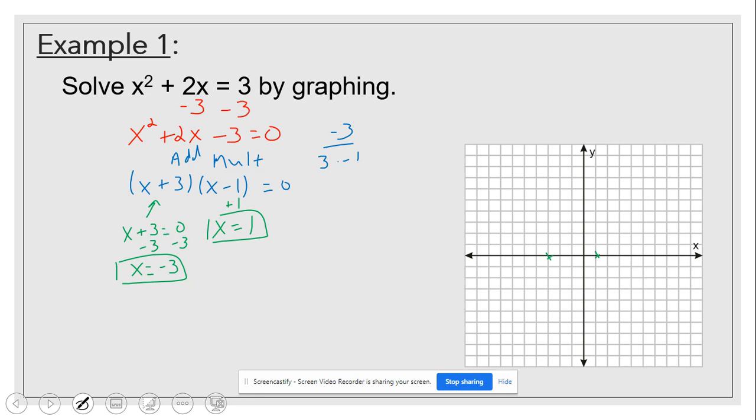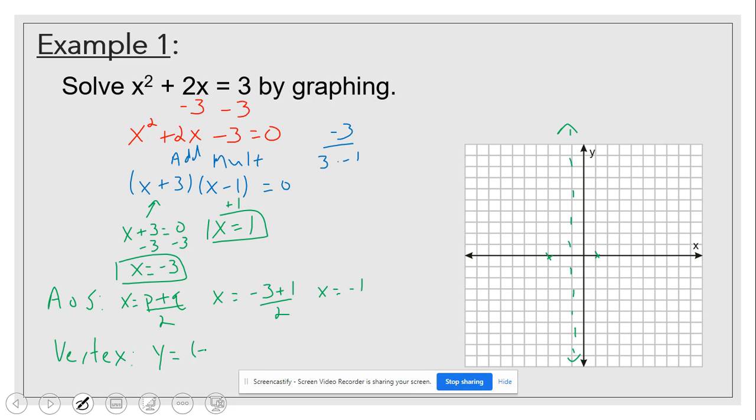If I wanted to see the full graph, I could find my axis of symmetry and my vertex by doing x equals p plus q over 2. So x is equal to negative 3 plus 1 over 2. x is equal to negative 1. So I know that my axis of symmetry is at negative 1, which is halfway between my intercepts, which makes sense. If I wanted to find the vertex, I could plug that into any one of my equations.